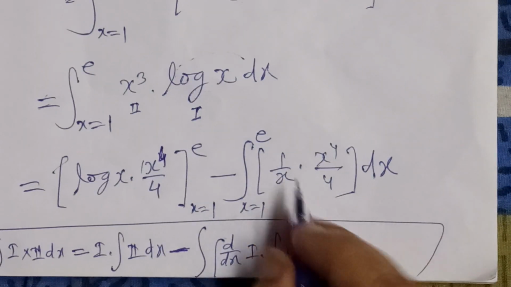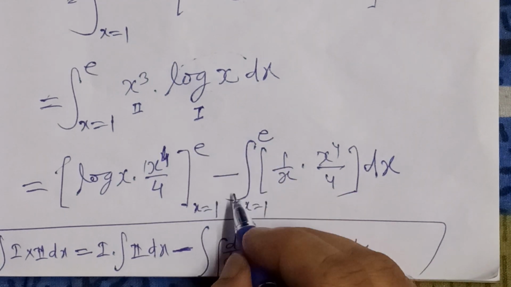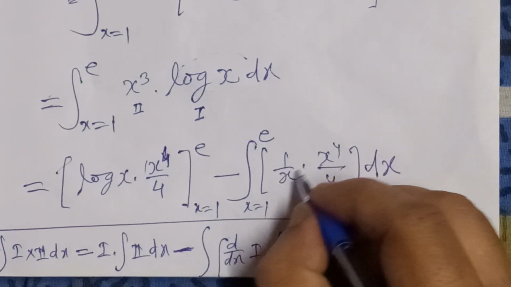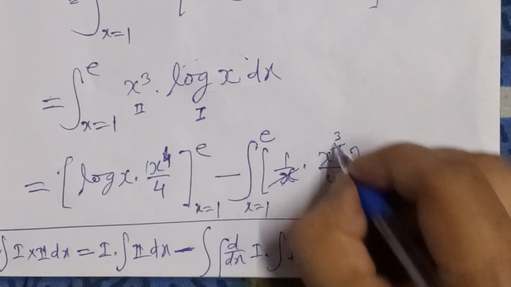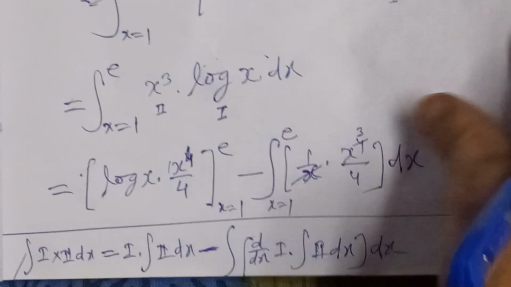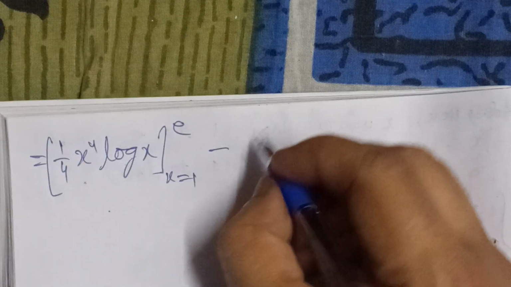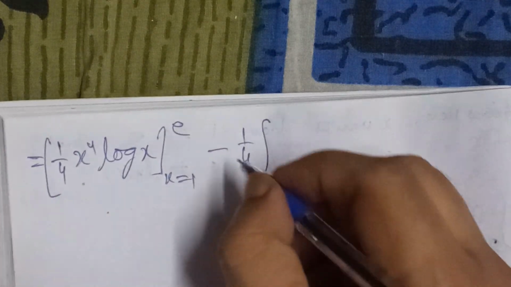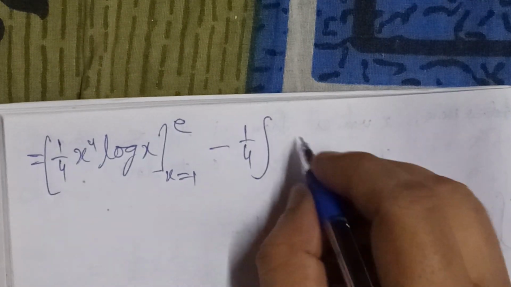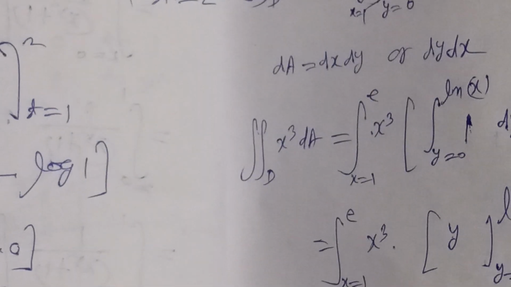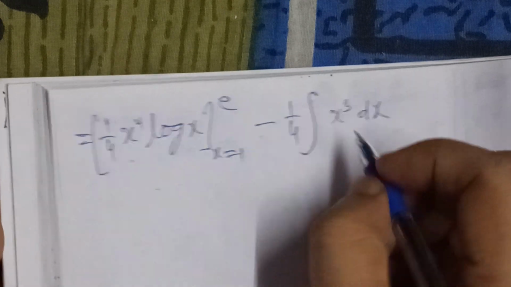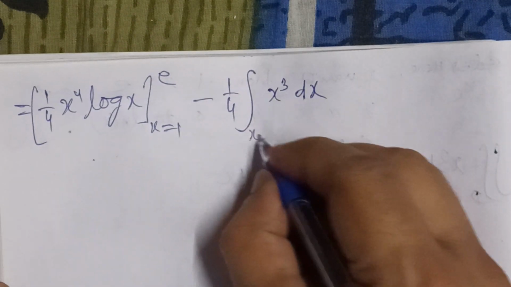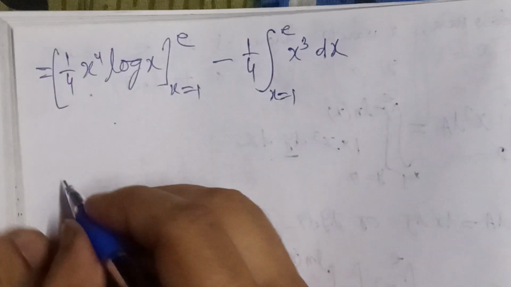You can take out 1 by 4 from the integration sign, and the x cancels with the 1 upon x, so only x to the power 3 remains, with limits x equal to 1 to e.